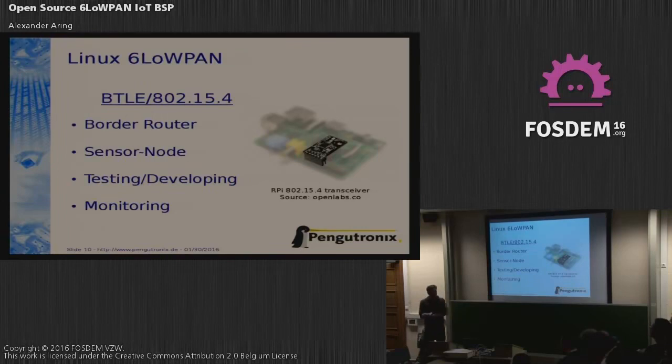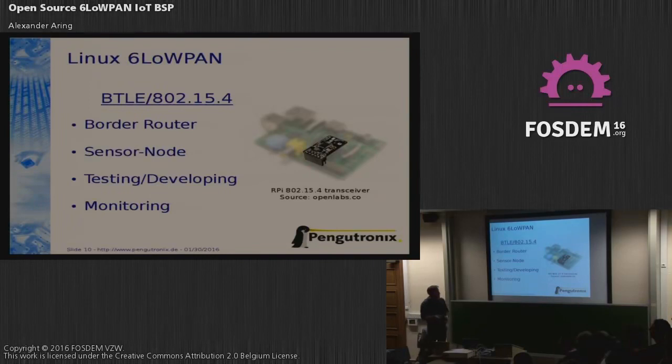I heard that in this dev room a lot of IoT software is presented, and if you have an IPv6 connection for your IoT software, you can simply test if your IoT software works with the 6LoWPAN stack on Linux.